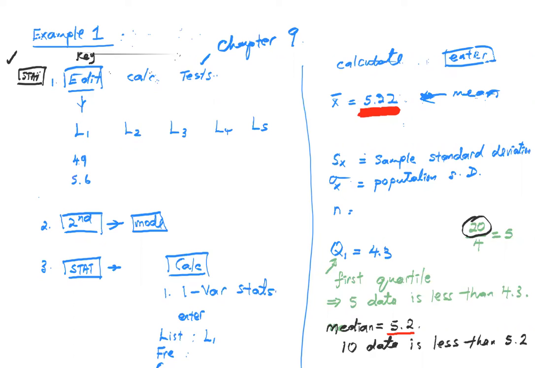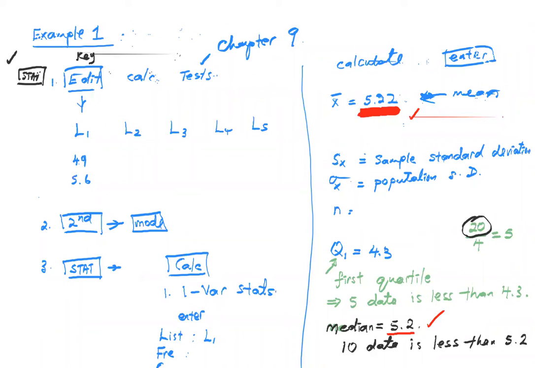Okay, if you turn to page 154, you have symmetrical, positively skewed, and negatively skewed. So these are the situations. For this case, the mean and the median are almost the same, so this is the symmetrical distribution situation.